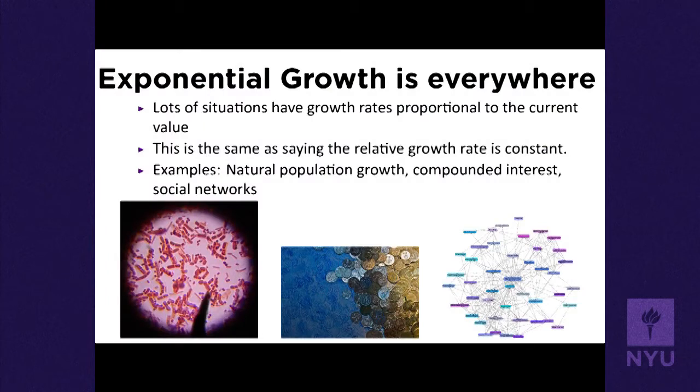Like I said on Monday, there are lots of situations where we witness exponential growth and decay because there are lots of places where you have these constant relative growth rate laws. Like asexual reproduction, we've got this culture of bacteria, the number of child bacteria which are produced is proportional to the number of bacteria that you actually have. If you have a lot of bacteria, you have a lot of new bacteria. If you don't have that many, then there's not that many which are going to be reproducing, and so you don't have that many new ones.